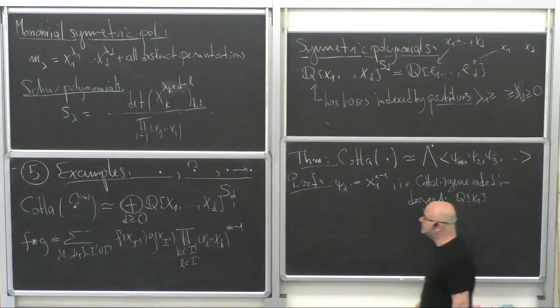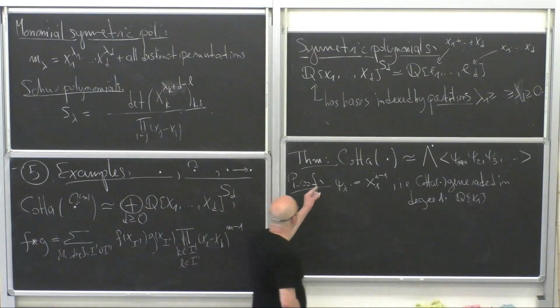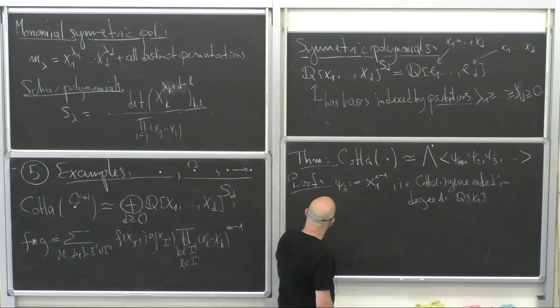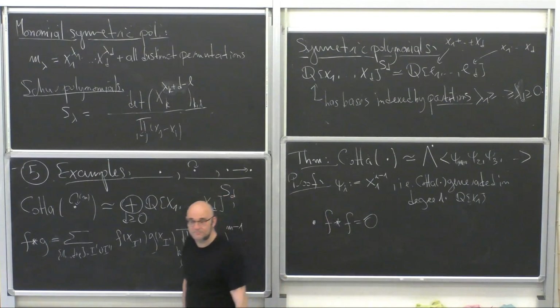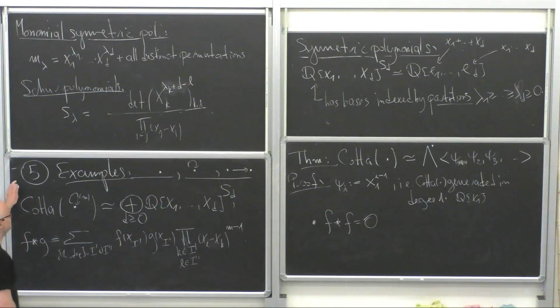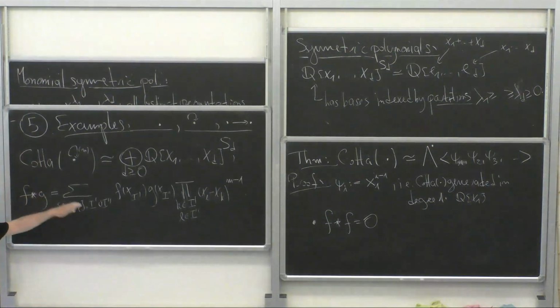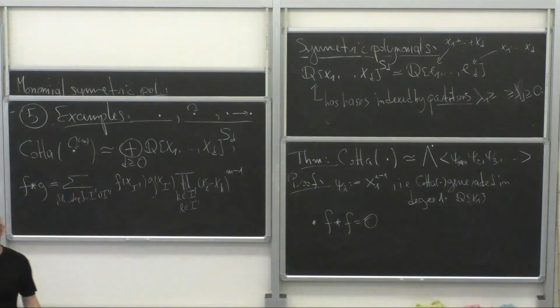Now, that's what I define. Then the first step you have to see is that f star f is always 0. And this you have to see from the Coha multiplication, which is still here. It's basically the same divisibility argument which we have seen.